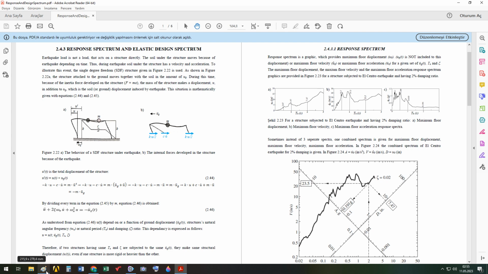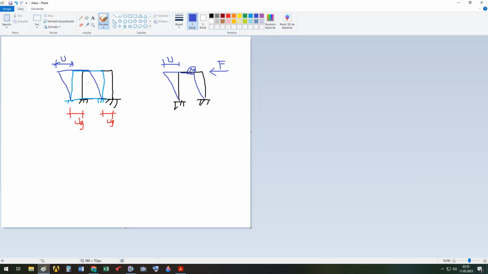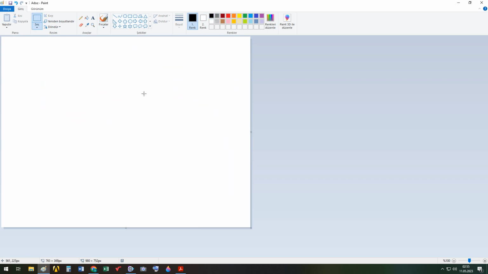Here you see, actually, there is a minus here. This means that because of ground motion, the structure changes its place, so the F force has negative sign.